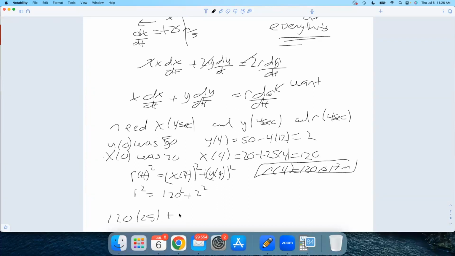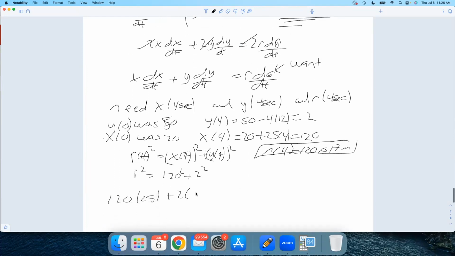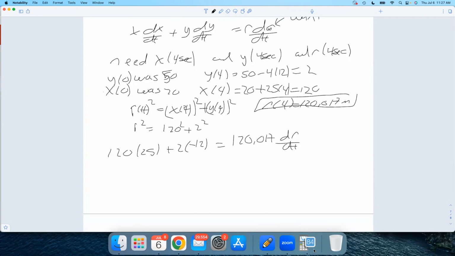Plus y was 2, dy/dt was negative 12. Equals r, 120.017, times dr/dt. So I'm going to add those together and then divide by that, all in the calculator.